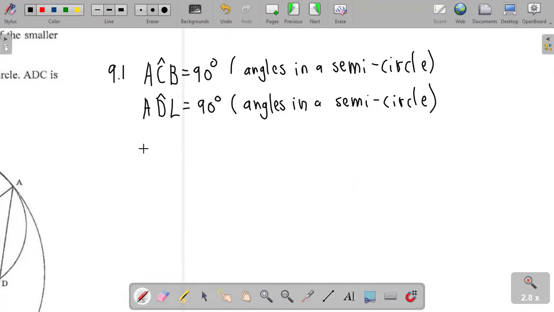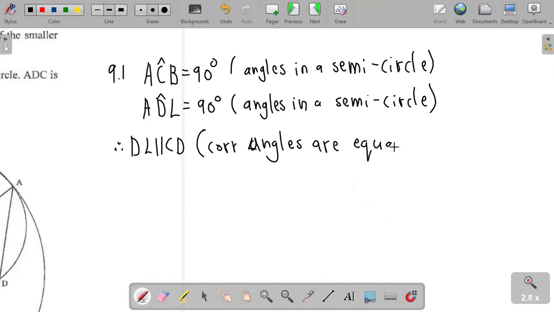So this means therefore DL is parallel to CB. Why? Their corresponding angles are equal to each other. So that's why we say they are parallel.